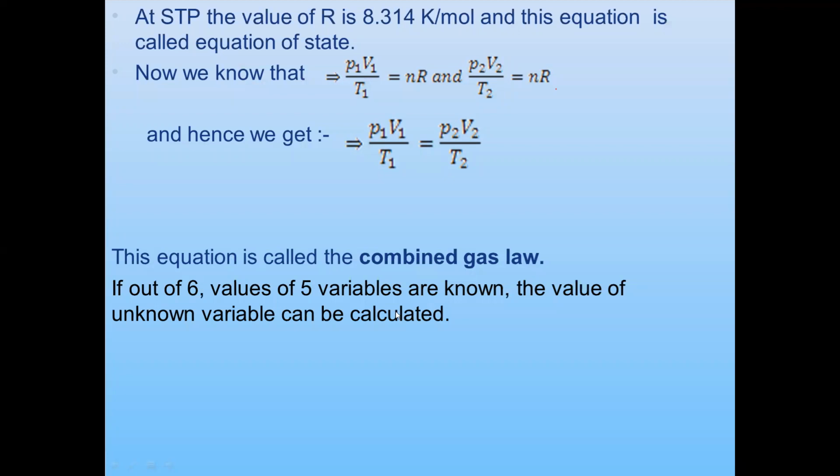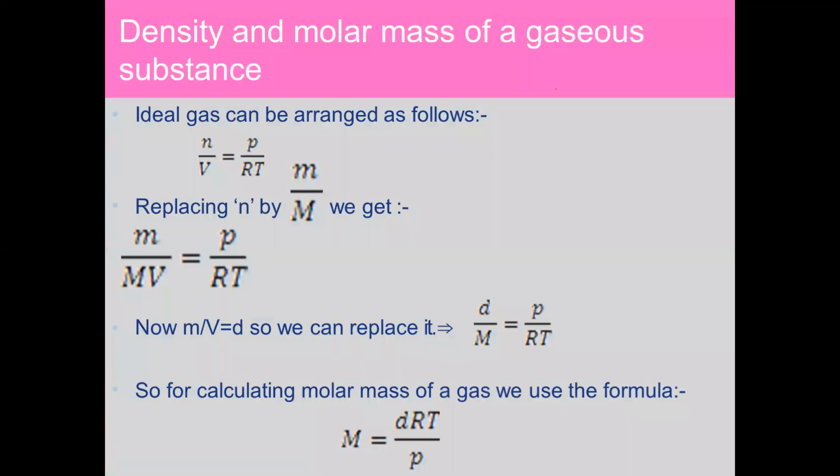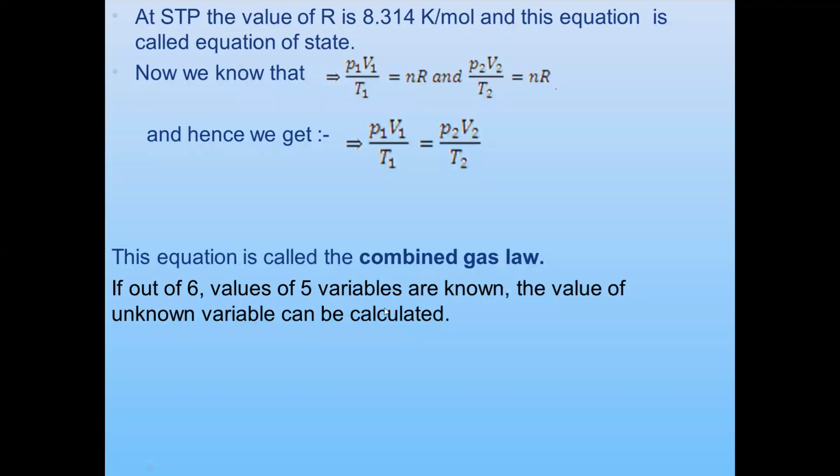At standard temperature pressure conditions, the value of R is 8.314 joule per Kelvin per mole. And we can say that P1 V1 upon T1 is equal to nR, and P2 V2 upon T2 is equal to nR.